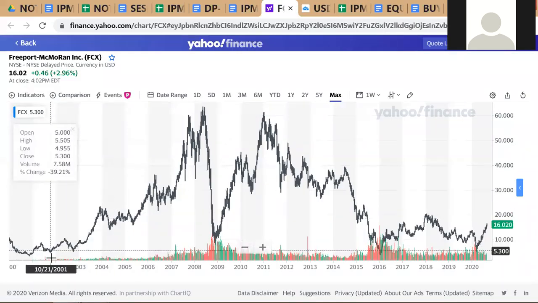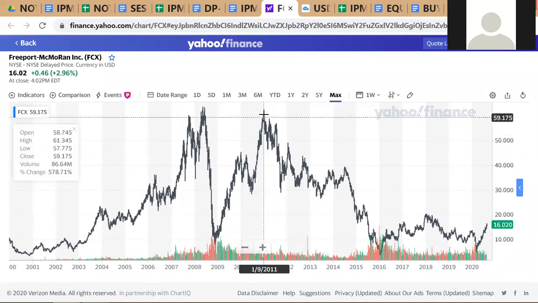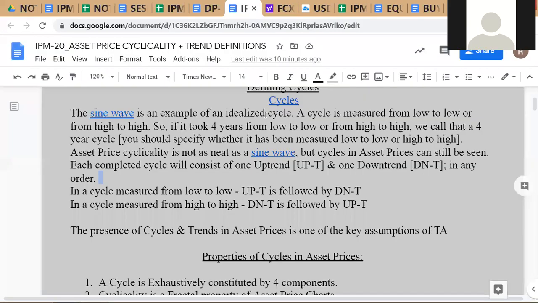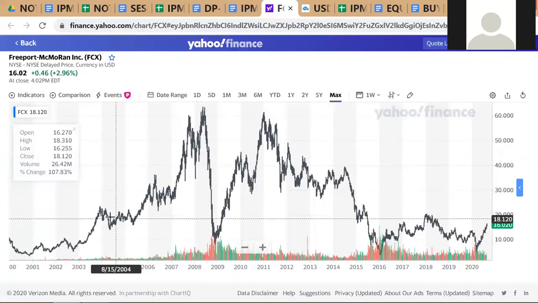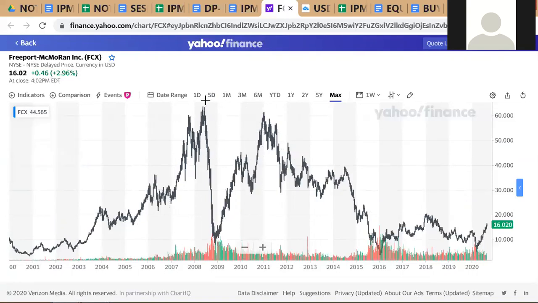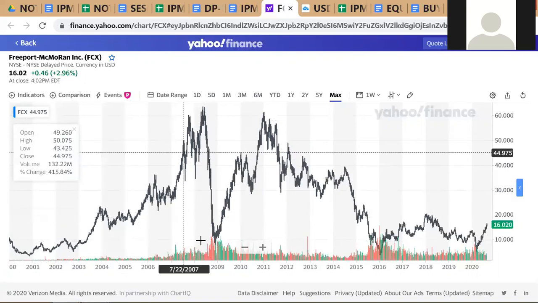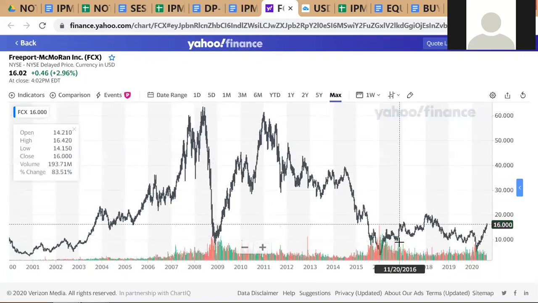You can either measure the cycle from low to low, or you can measure it from high to high. Just want to make sure I follow the notes. That's the first part of the note. If it's high to high, you find out how many years this cycle takes, and one of the things you can see is that cyclicality is a repetitive feature.